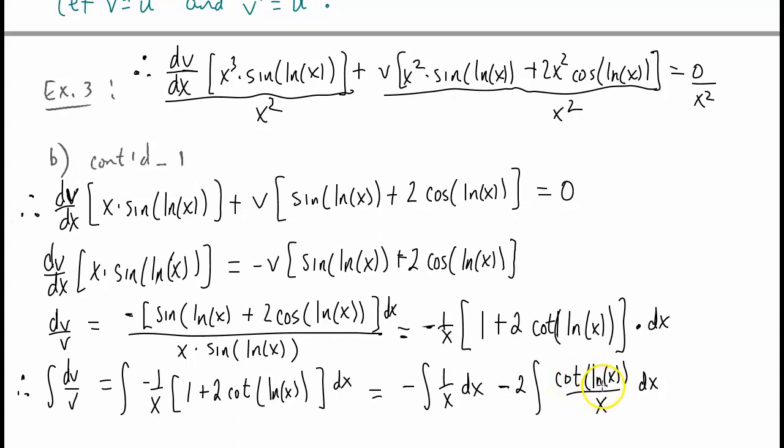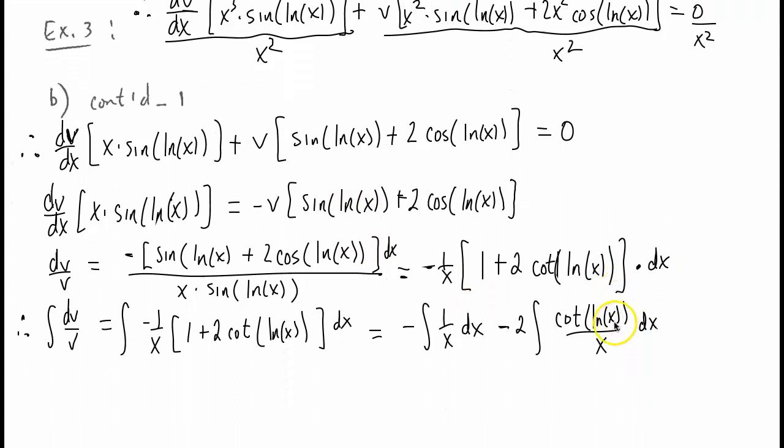If this is theta, then d theta is just going to be 1 divided by x dx. Okay, so I could deal with this and essentially say that this integral here is going to be the integral of cotangent of theta d theta. All right, so let's go ahead and write all that out and get to our next steps here.